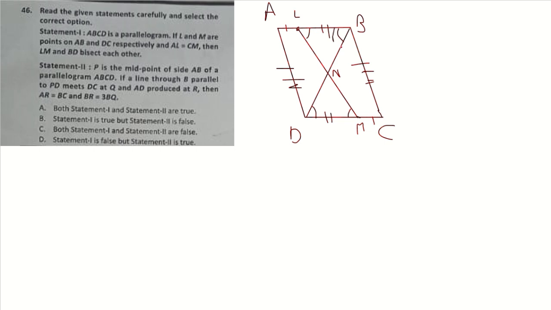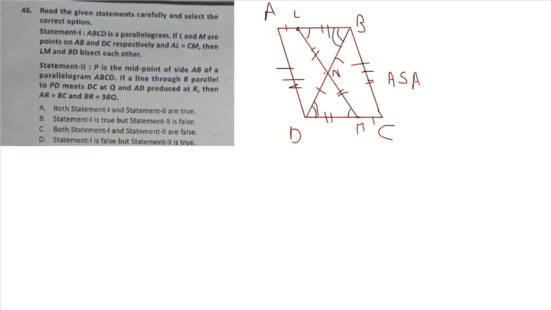So by ASA criterion, ASA is one of the four congruency criterions in class 9 for triangles. So therefore triangle D and M is congruent to triangle B and L. And so by CPCT, corresponding parts of congruent triangles, because these two triangles are congruent, DN is equal to BN and NM is equal to LN.